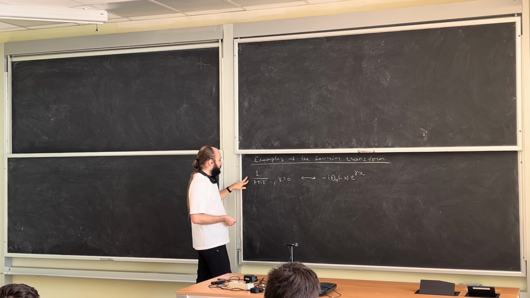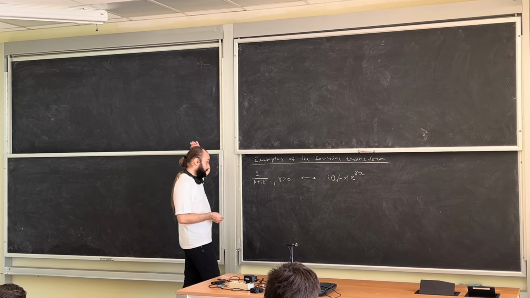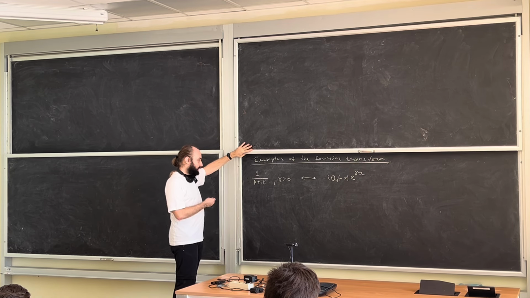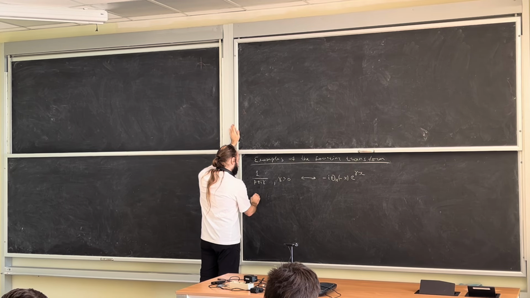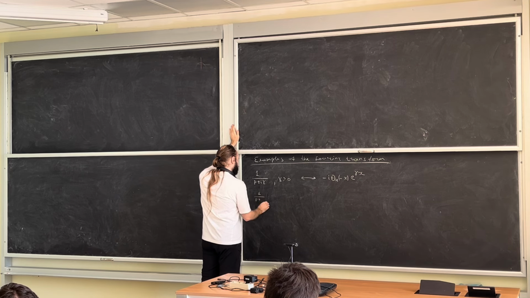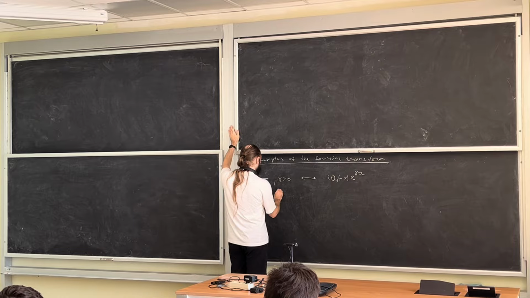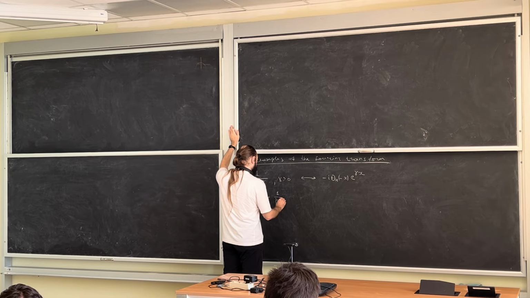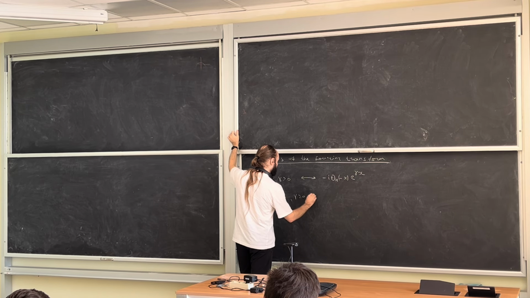Namely, let us take two such functions and cancel their asymptotics at infinity. So let us take 1 over p plus iγ minus 1 over p minus iγ. Again, γ is greater than 0.